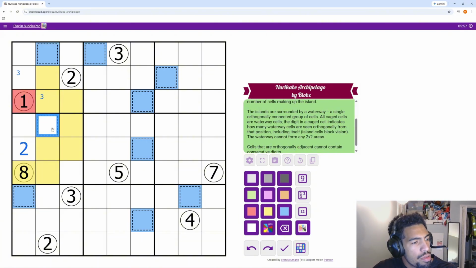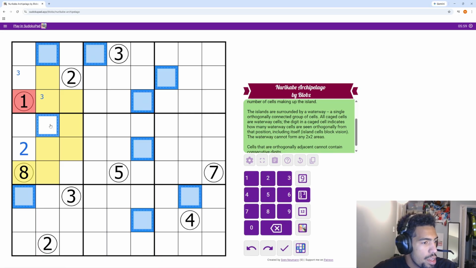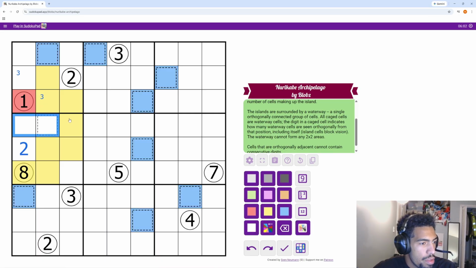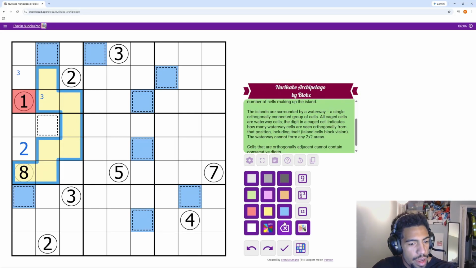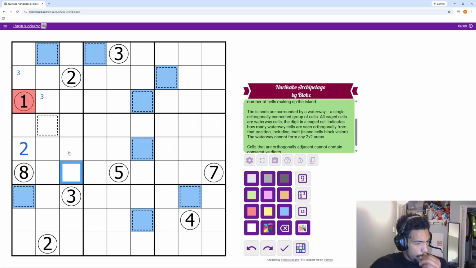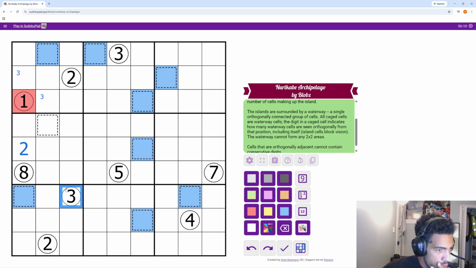And then if it's 3, it's got to be 1, 2, and then one of these yellow cells. So I don't think 8 can go all the way up there. And then 5 can never get there. 3 can never get there. So the 2 has to be the island that gets rid of this water 2x2.